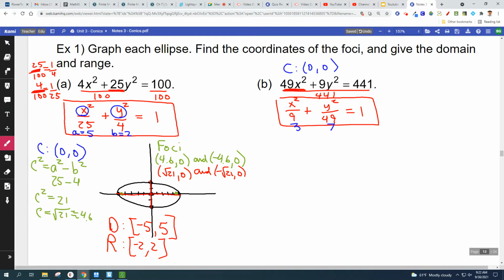So when we draw this graph, this one is going to be centered at 0, 0, and we're going to go up 7. So that would be the point 0, 7. And we go down 7, and that's going to be 0, negative 7. We're going to go over in the x direction 3, so that's 3, 0. And negative 3 gives me negative 3, 0.